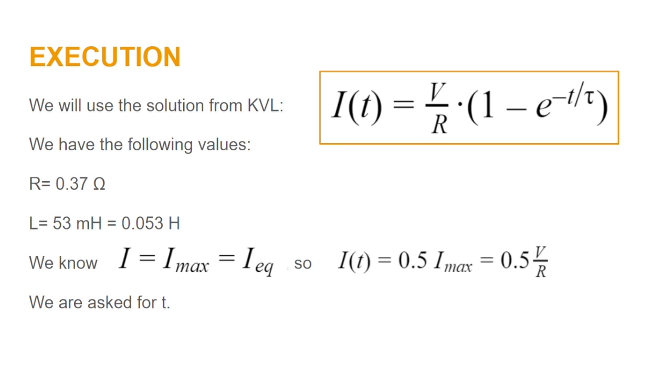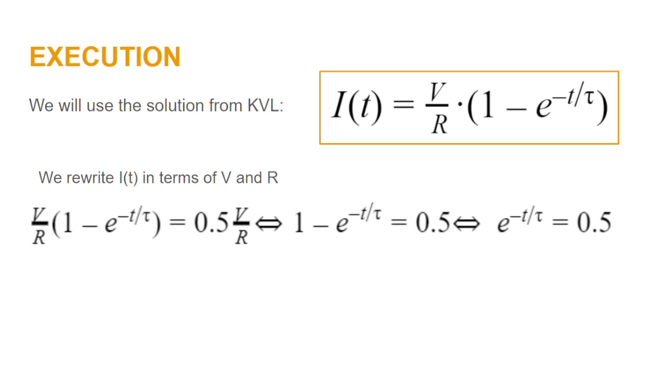Then, to find half this value, we just have to equal the factor that is multiplying V over R to 1/2. So, we equal 1 minus the exponential to 0.5. And this means that the exponential must have a value of 0.5.